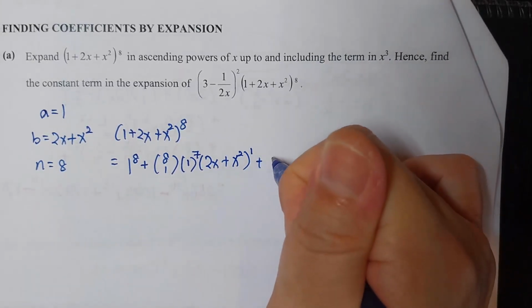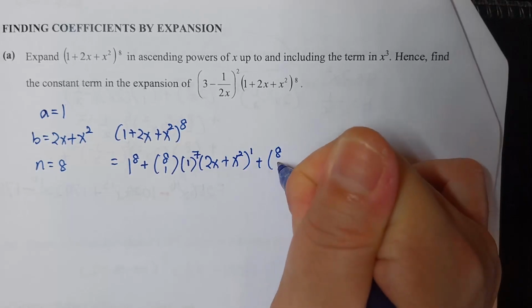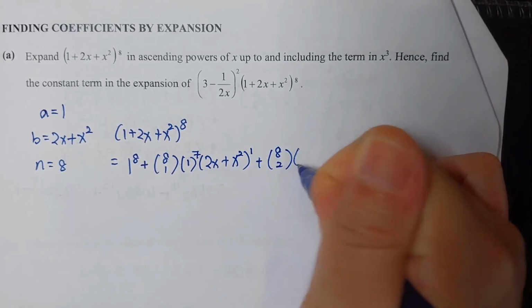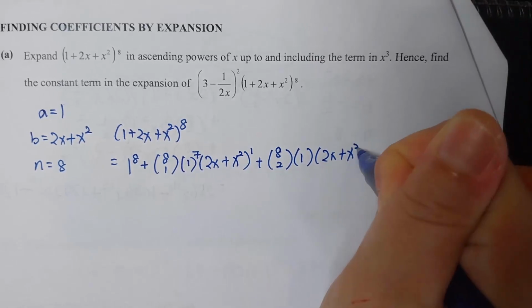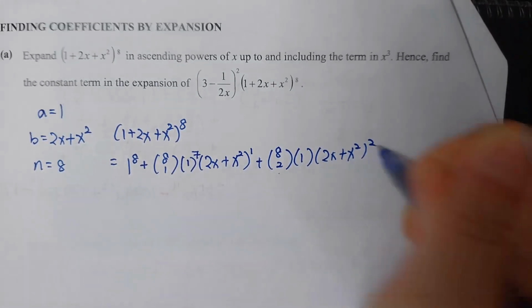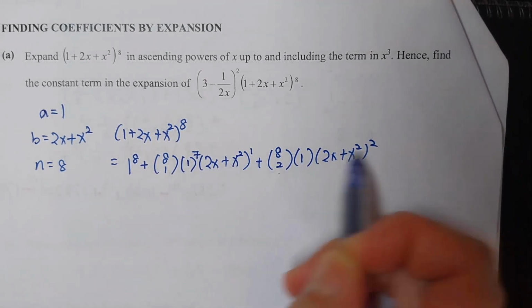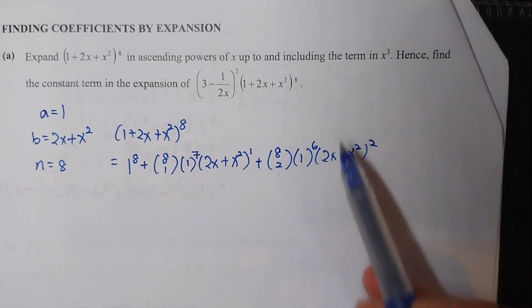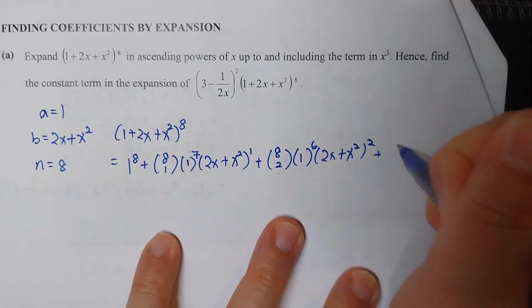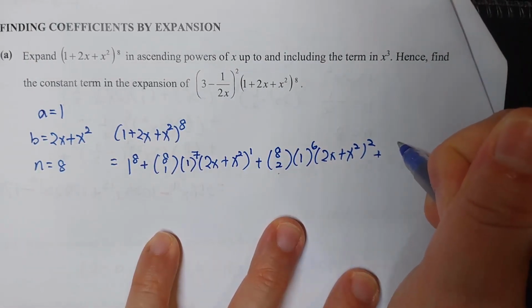Next, I will have 8 choose 2. Then I write down a, I write down b, and the two powers add up to 8. I need terms up to x cubed, so I need to do it one more time, and I'll explain why later.